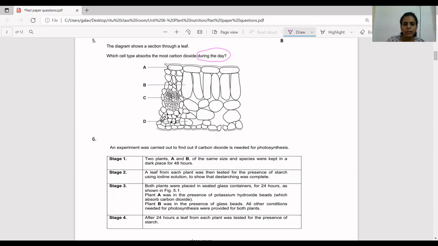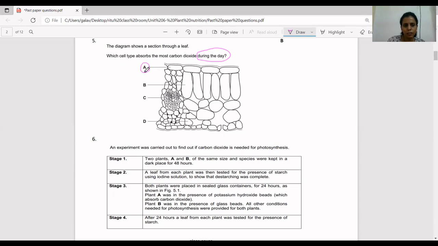You know that plants need carbon dioxide for the process of photosynthesis, because carbon dioxide is a raw material in photosynthesis. Now we are aware that A actually represents epidermal cells.